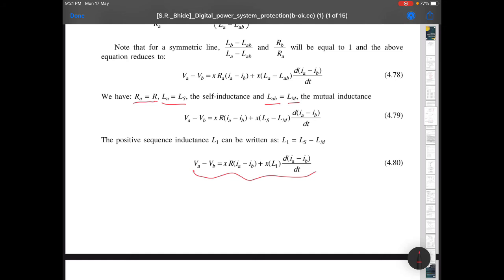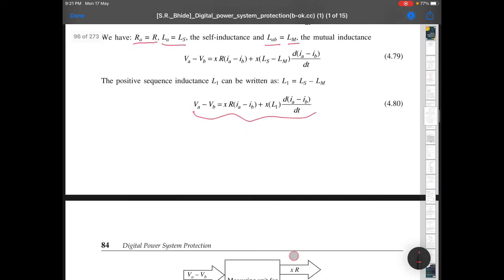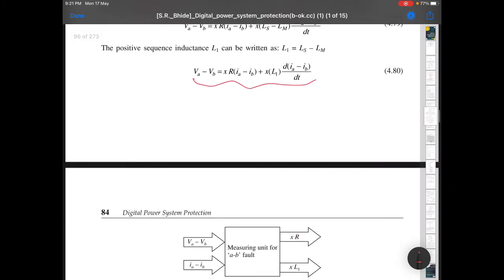In a similar way we can implement this in MATLAB and get L and R. Once you know L and R, you know x exactly, because x into R, once you know resistance per kilometer, you substitute here and you will get the distance.